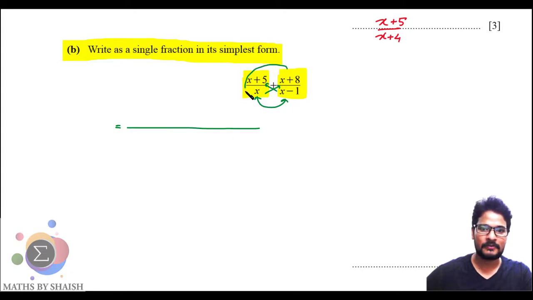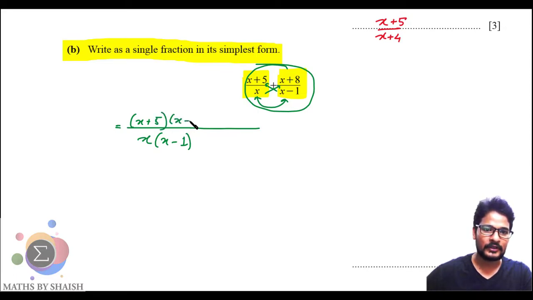It forms a smiley here, and then it becomes x into (x minus 1), and then we cross multiply with this denominator and numerator, and since it is a binomial with two terms, we put a bracket in place of the multiplication sign, plus x into (x plus 8). Again there is a bracket because there are two terms.